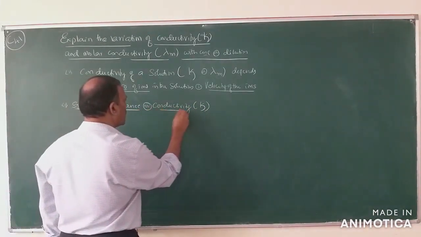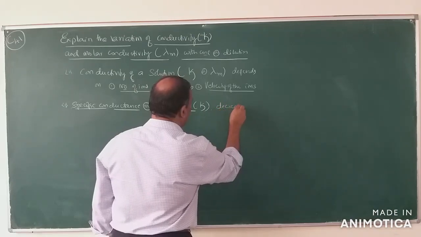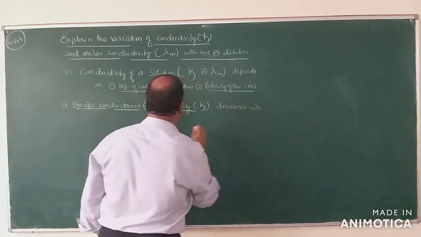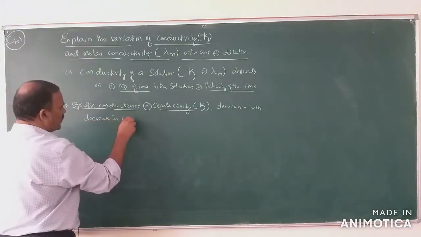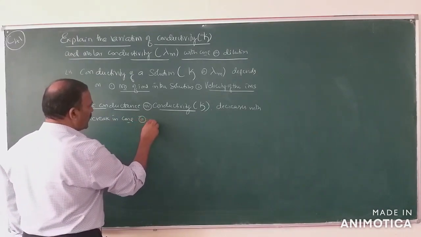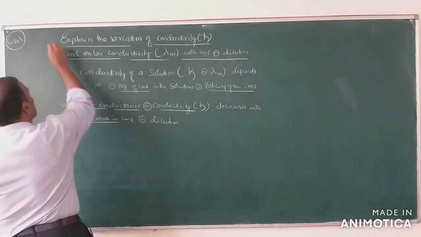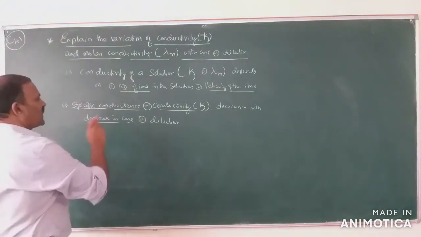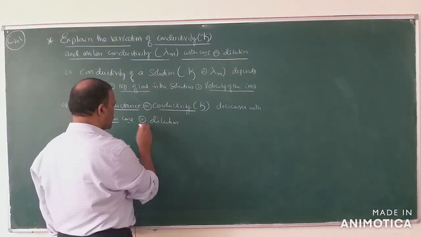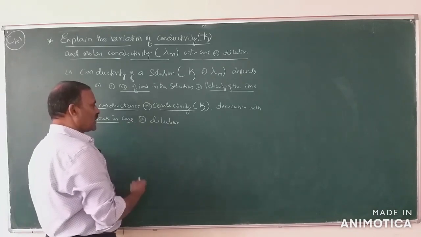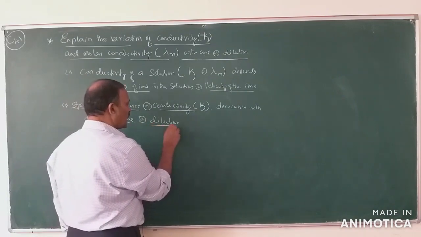Specific conductance or conductivity decreases with decrease in concentration or dilution. This is very important. How to decrease the concentration? By the addition of more amount of solvent, which is called dilution.